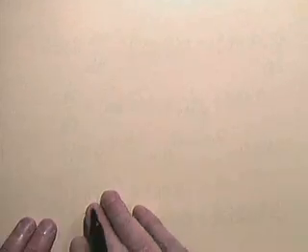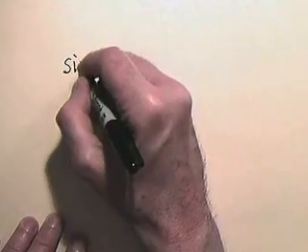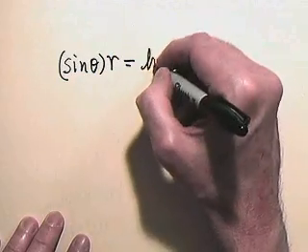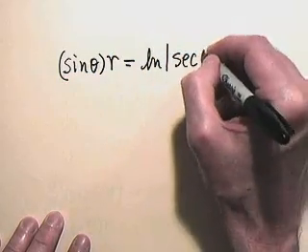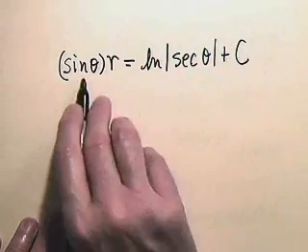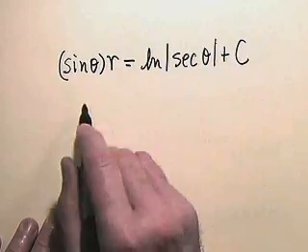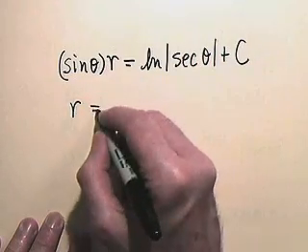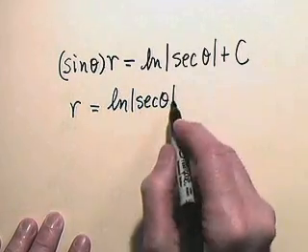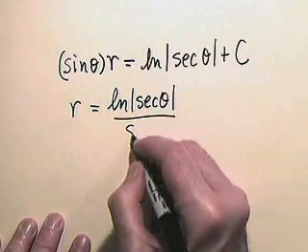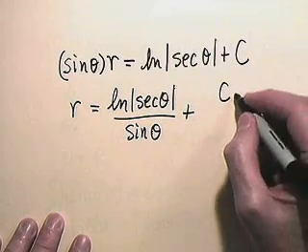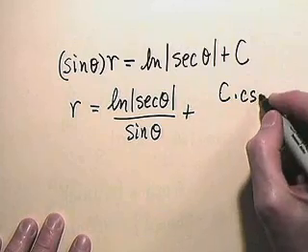So let's write this down then. We have sine theta multiplied by r is the natural log of secant theta plus a constant. And so now we can divide both sides through by sine theta to solve for r. r is the natural log of the absolute value of secant theta over sine theta plus c divided by sine theta. 1 over sine theta is cosecant theta.